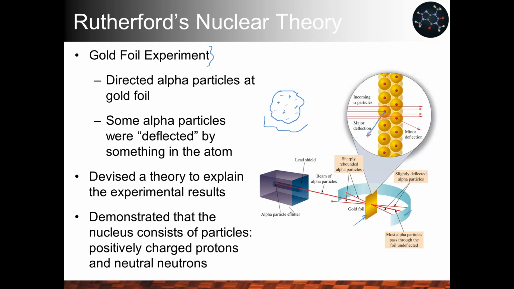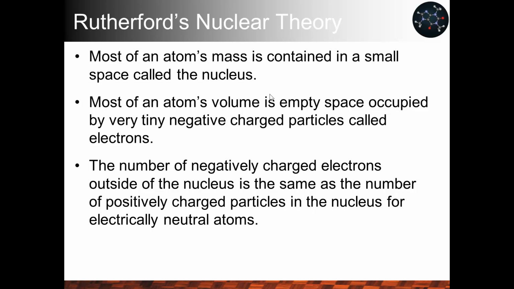So what this had to show is that most of the atom is, instead of a nebulous cloud of positives and negatives, actually a very dense center, where the positivity is, and then around that, in very discrete spaces with nothing between the two parts, the negative portion is located.